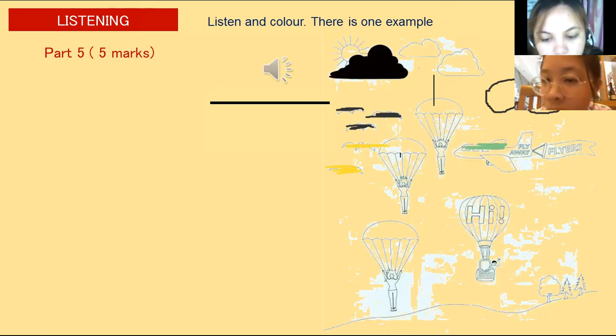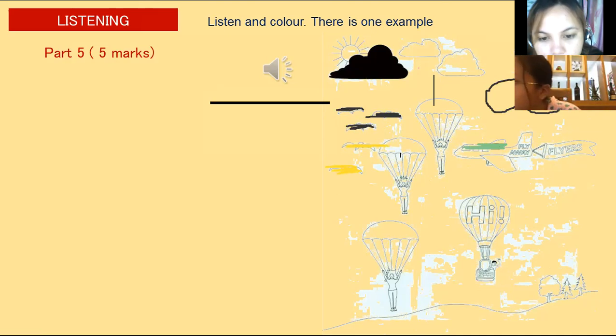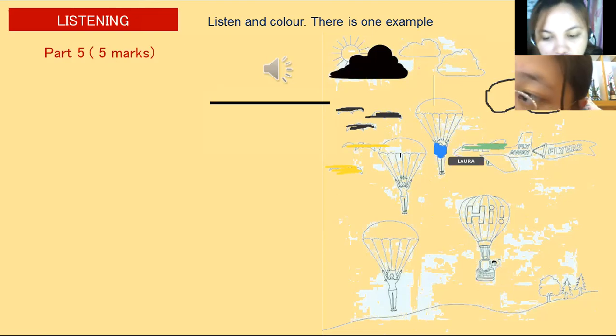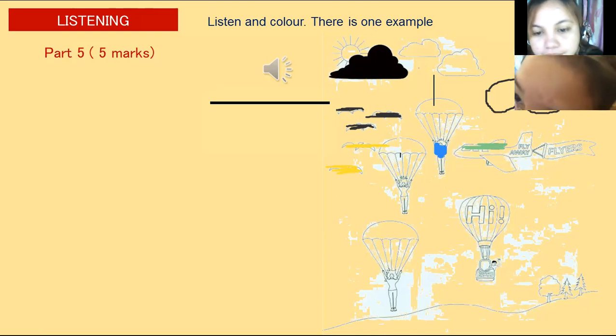Now find the 3 women in the picture. Right. I can see them. Can you see the woman who's nearest the plane? Nearest the plane. Okay. Colour her clothes blue. All her clothes blue. That's right.